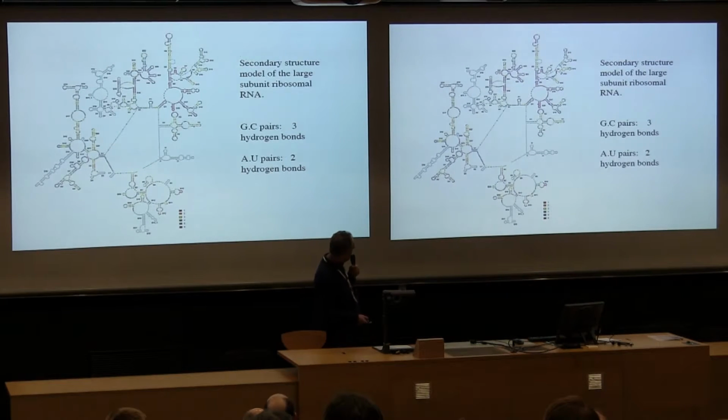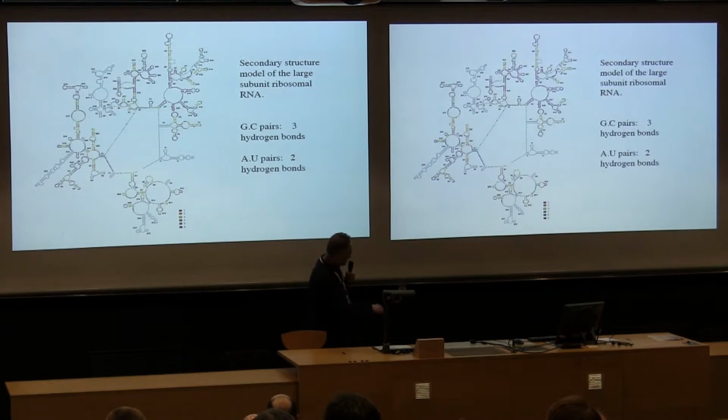In a more abstract representation of the RNA of the large subunit of the ribosome, we can express it this way, which is called the two-dimensional, the secondary structure. We see a series of helices connected by loops and helices again, and so on.